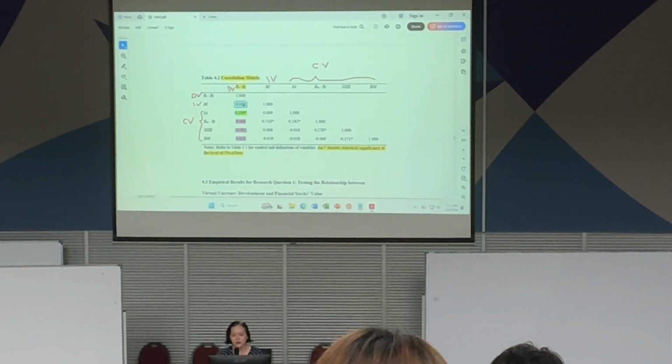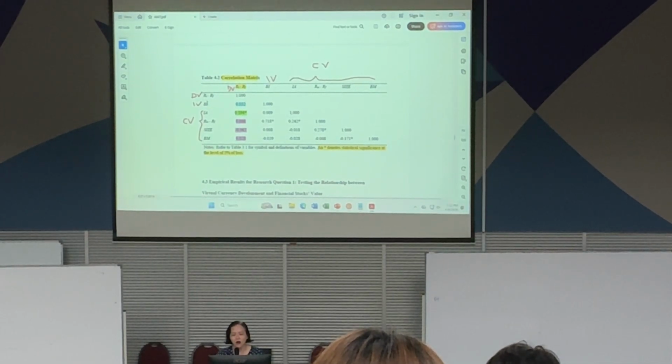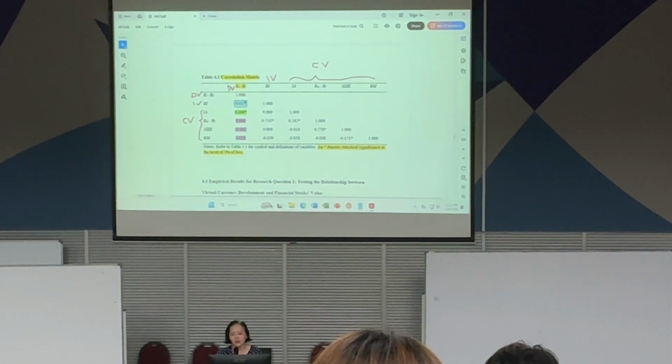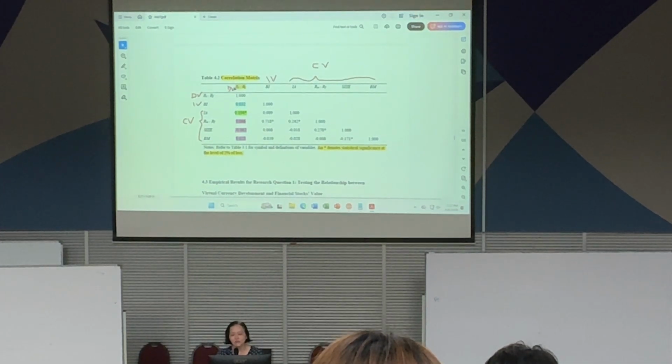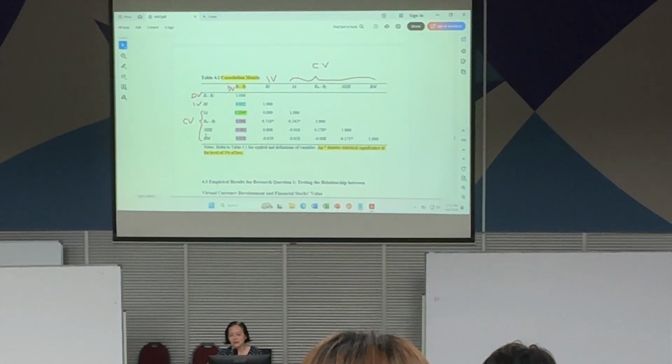Because the second column is showing the correlation between your DV, here DV, isn't it? And all the IVs. Meaning univariate analysis is you are looking at the correlation between your DV and your IVs, including your control variables. Understand? DV and IV. One pair at a time.